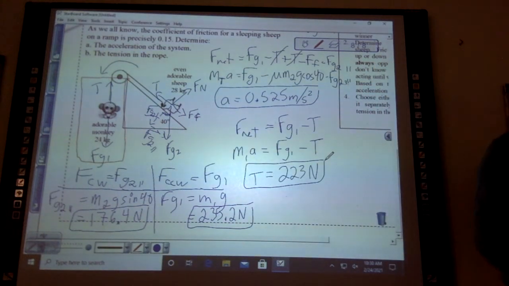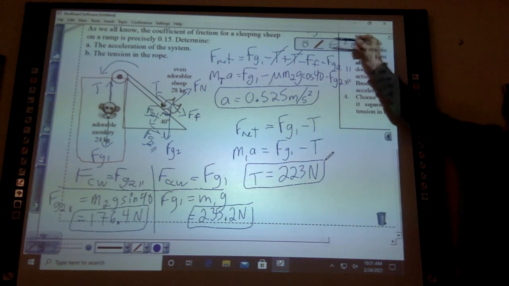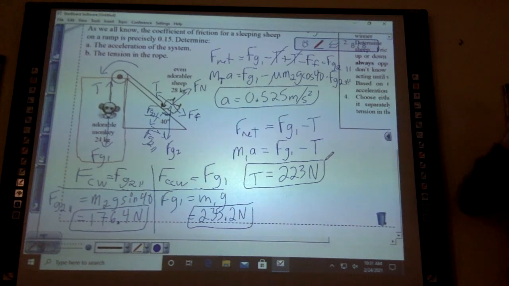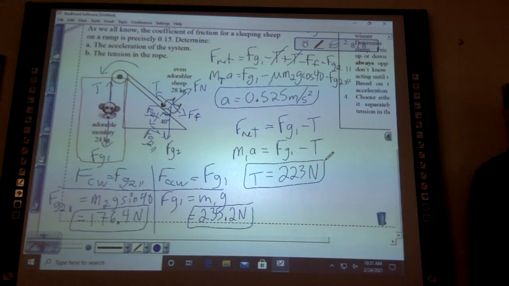What was the next thing after we figured out direction? Solve for acceleration using F net. F net of which object? Everything. So all the forces or all the masses make an F net equation for everything to solve for acceleration. Then to get tension, what did I do? F net for one object, and then that's the last step.